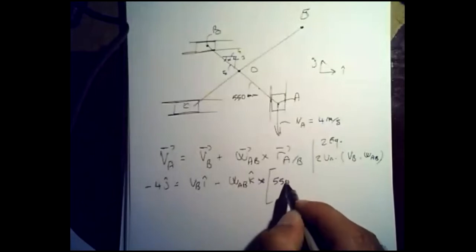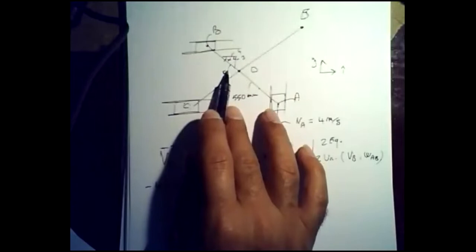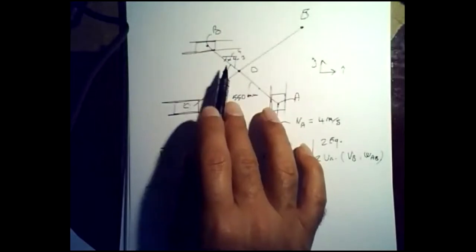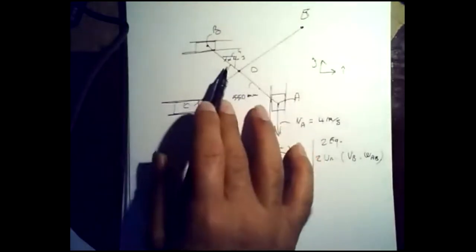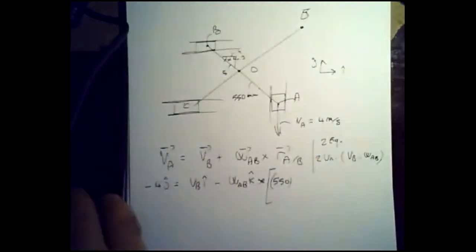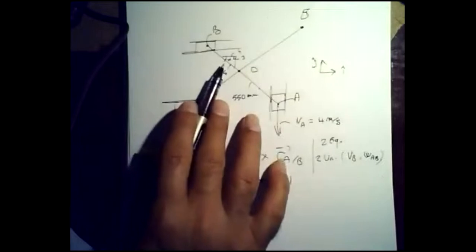Is cosine alpha 5 over 4, or 4 over 5? I said 4 over 5. Yes, 4 over 5.